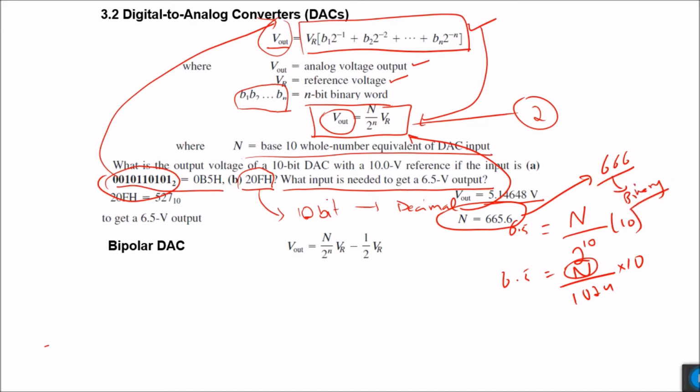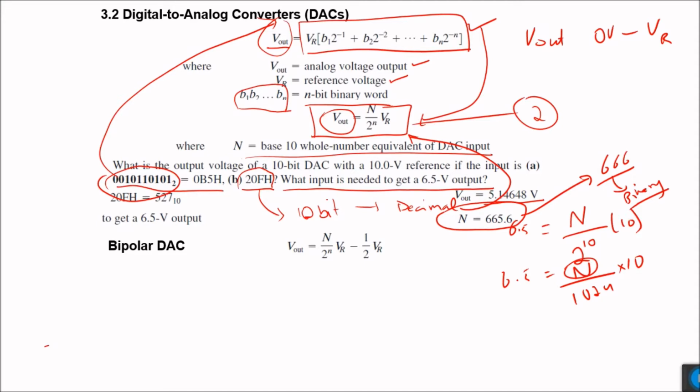This is a case of a unipolar DAC in which the V out ranges between 0 volts up to the V reference. But there is another type called a bipolar DAC, in which the output changes from a negative voltage through 0 to a positive voltage.